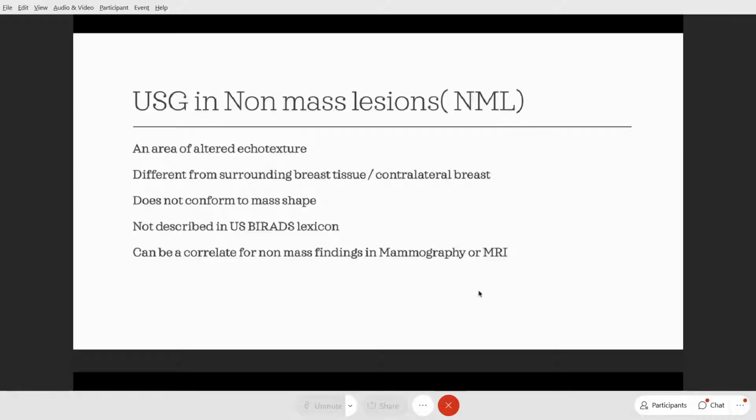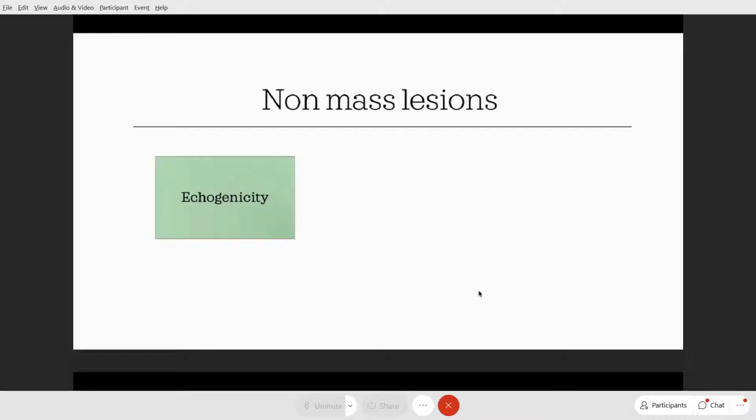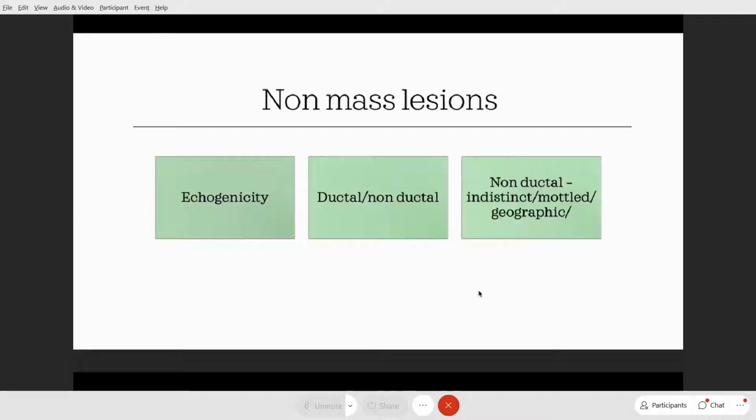Whenever we find a non-mass finding on mammogram and MRI and try to correlate them and localize them on ultrasound, we do see non-mass lesions. Non-mass lesions are approached in terms of echogenicity, whether they are ductal or non-ductal. However, the majority of the studies say non-ductal abnormalities are considered as non-mass lesions.